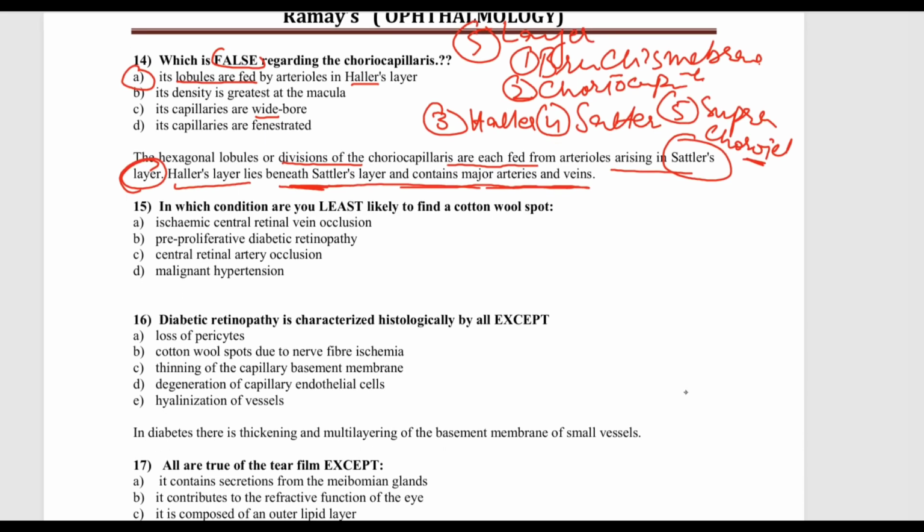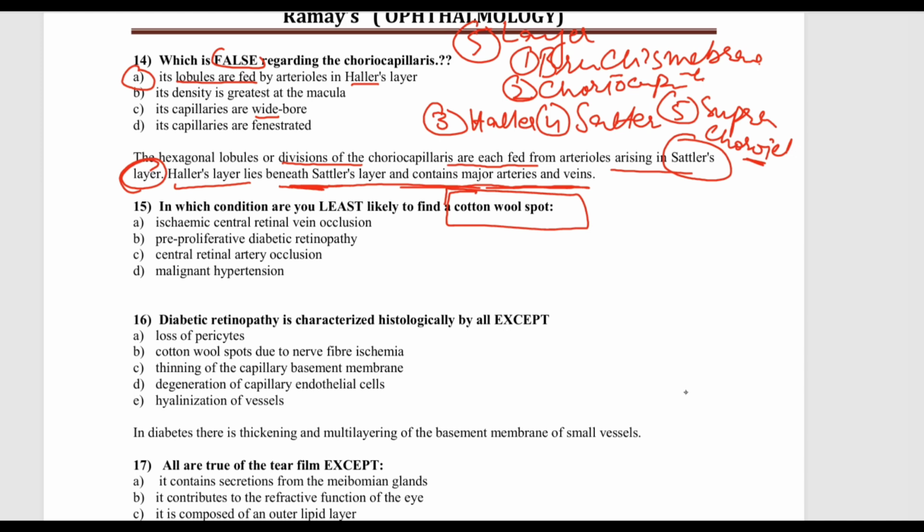The next question is: in which condition are you least likely to find a cotton wool spot? The options are ischemic central retinal vein occlusion, proliferative diabetic retinopathy, central retinal artery occlusion, and malignant hypertension.